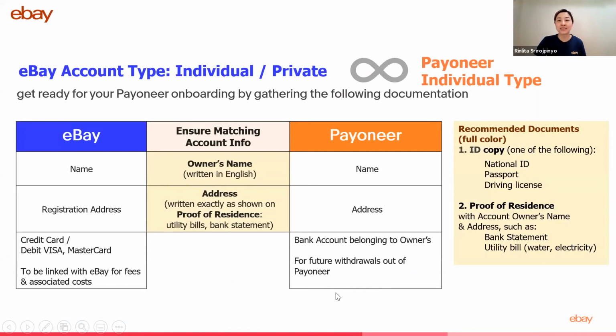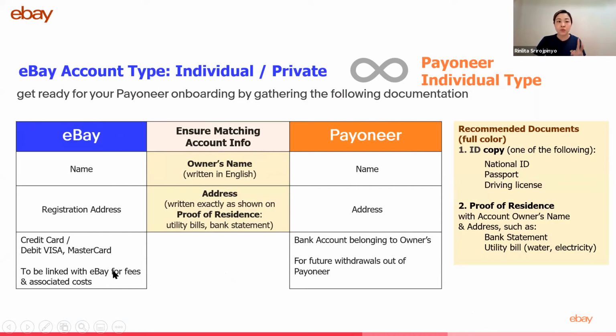Here is a quick summary. For example, this sheet shows the individual type or private type of eBay account, which can be linked to the Payoneer individual type of account. Here's the column on the left, the eBay column, and then the Payoneer columns. These are the names of the fields and information that you need to put in.